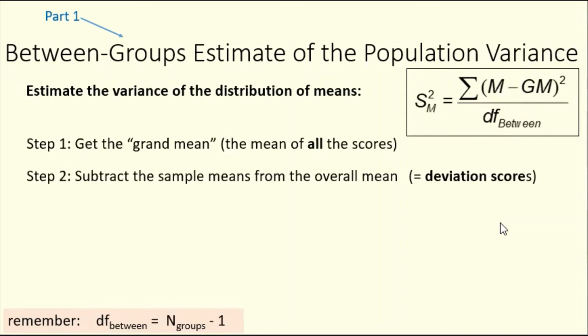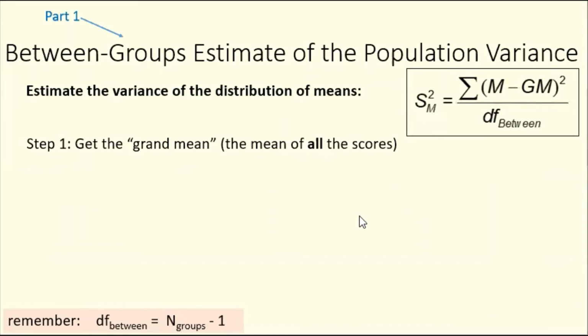So in order to do this, we need to get that grand mean. And so we can calculate that by getting the mean of all of our scores, or if we have the means for individual groups, we can get the mean of the means. And then we're going to subtract the sample means from the overall mean.